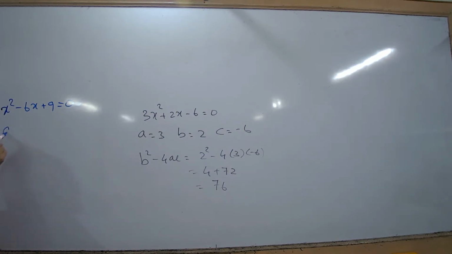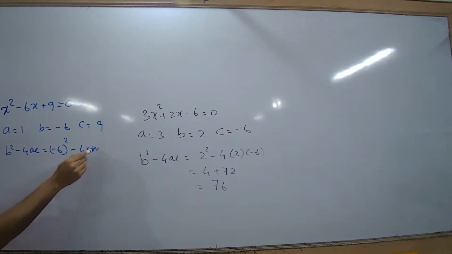A is equal to 1, B is equal to minus 6, C is equal to 9. So b square minus 4ac is equal to minus 6 whole square minus 4 times 1 times 9. 36 minus 36 is 0. What's the answer?